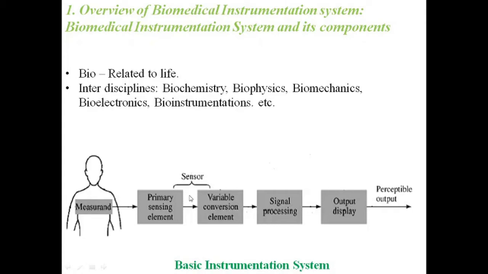Both these two blocks constitute a sensor. After sensing in a proper way, we need signal processing. After signal processing, the last block required for this instrumentation system is the output display. Thereafter we can reprocess it, transmit it, and do it in many other ways.